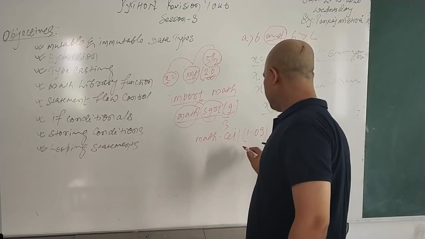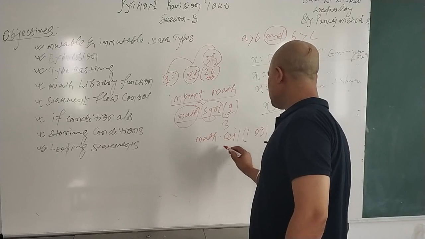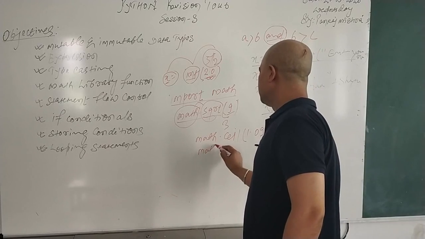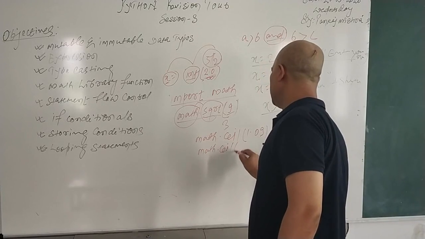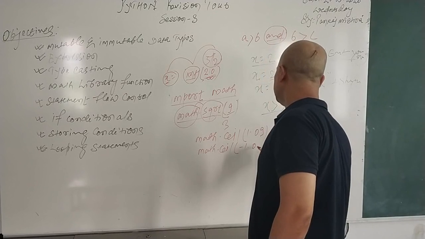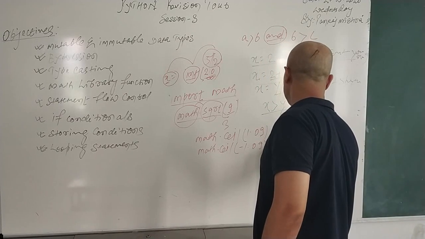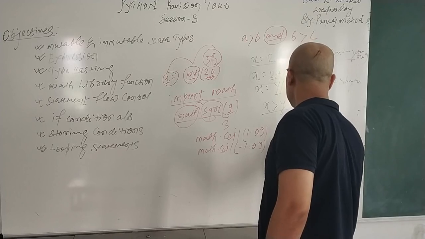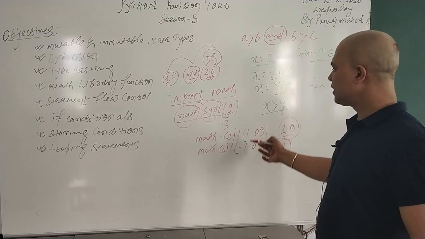But if it is negative, suppose math.ceil of minus 1.09, it will give you simply minus 1. This is what the ceil function is.